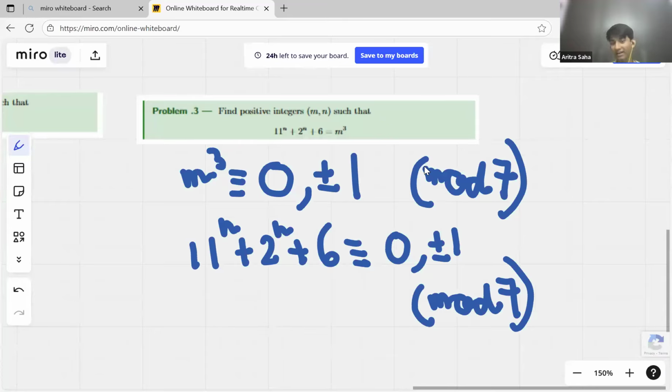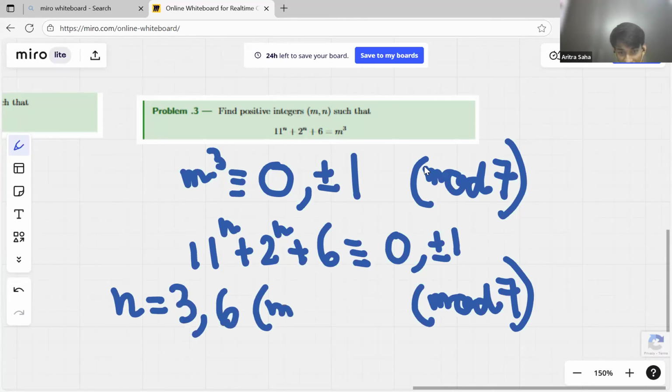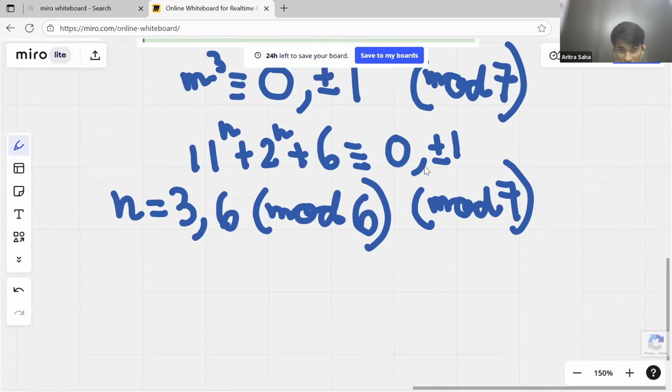So if you do n plus 6, that will be the same. So you only want to check n equals 0, 1, 2, 3, 4, 5, 6. You will get that this will only happen when n equals 3 or 6 mod 6, basically. That means 3 divides n.